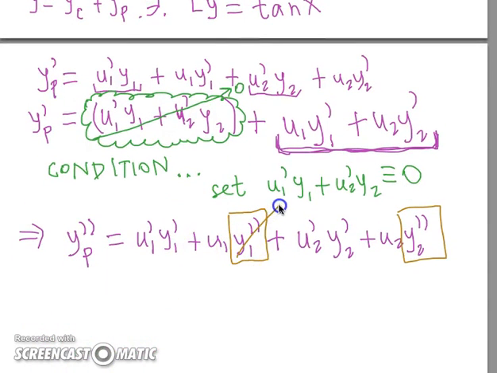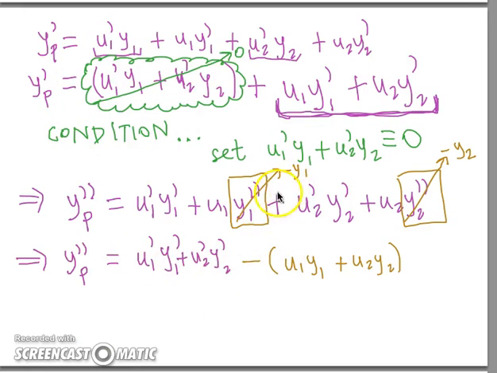We can substitute this term by minus y1, and this term by negative y2. By making those substitutions, we can group terms and make this look as follows: the first portion of the sum involves first derivatives of both u1, y1, u2, y2, and then there is a second portion of the sum that has the quantity u1 y1 plus u2 y2.